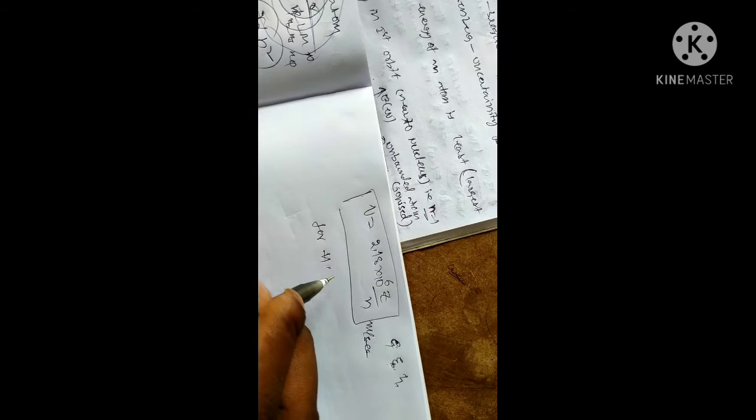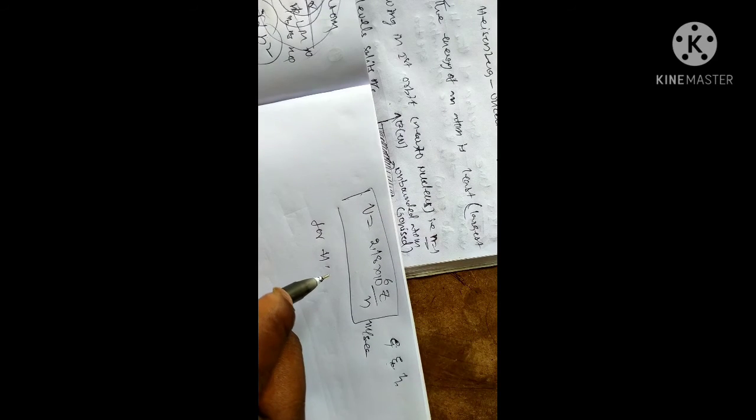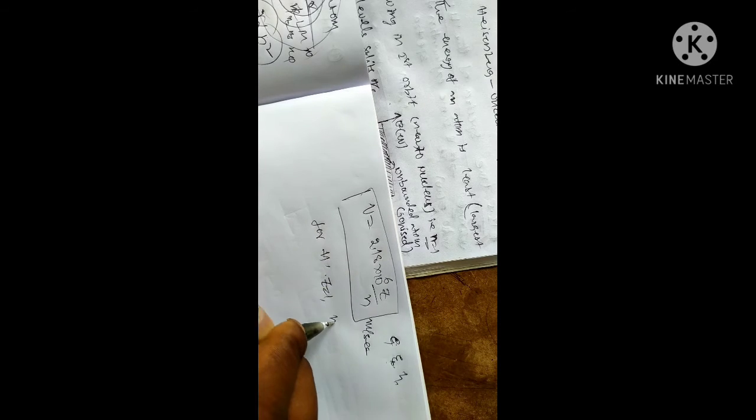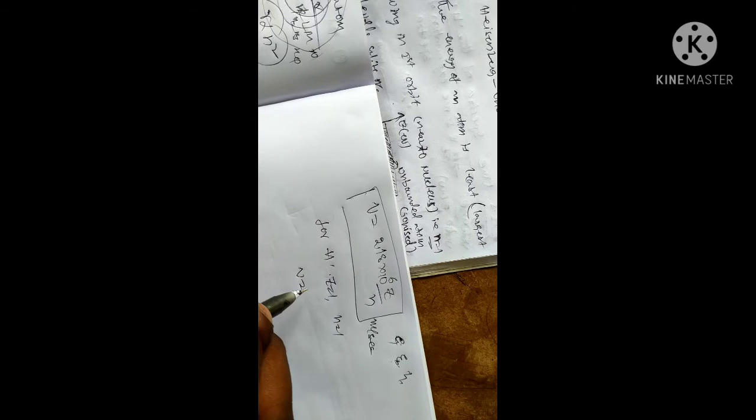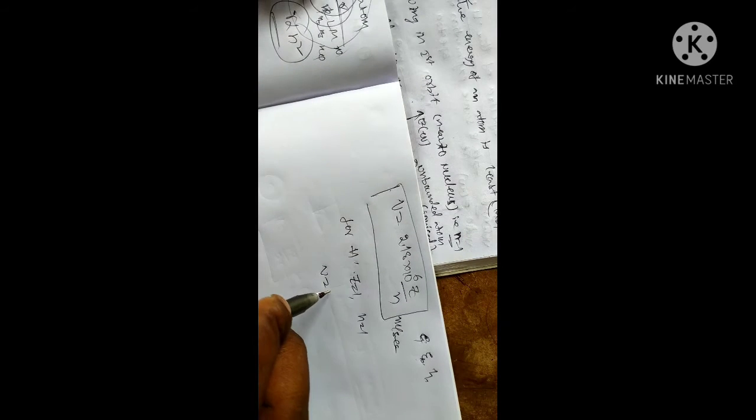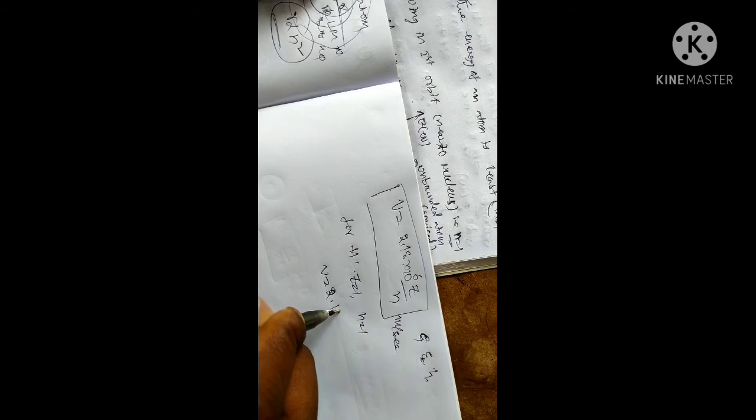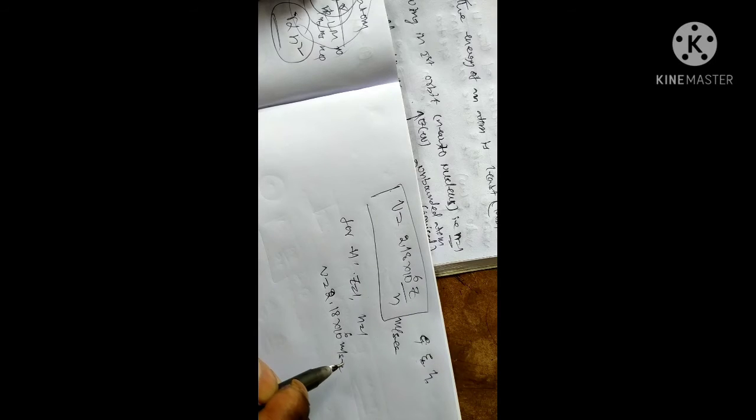Bohr explained only the hydrogen atom. For the hydrogen atom, Z is equal to 1, n is equal to 1. That is v is equal to 2.18 into 10 to the power of 6 meters per second.